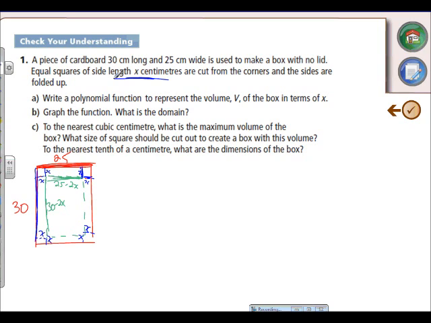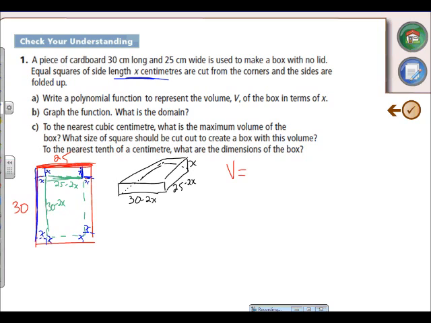And if you look at the nice picture that's in your book there on page 59, that helps you to see that you're going to have a box that looks something like this, where you've got 30 minus 2x on one side, 25 minus 2x on the other side, and x going up. So write a polynomial function to represent the volume of this box in terms of x.